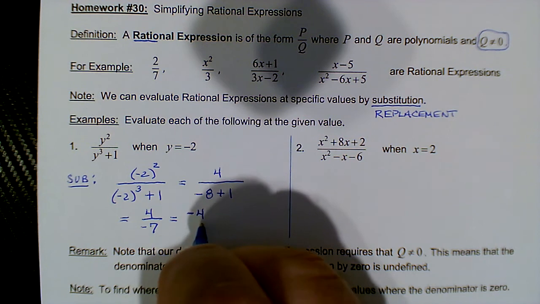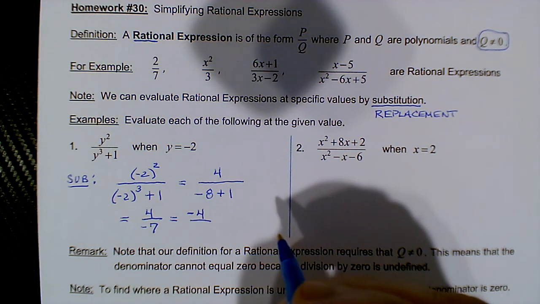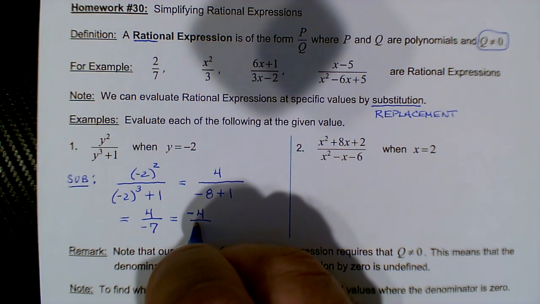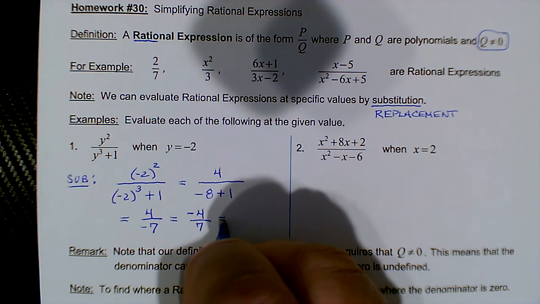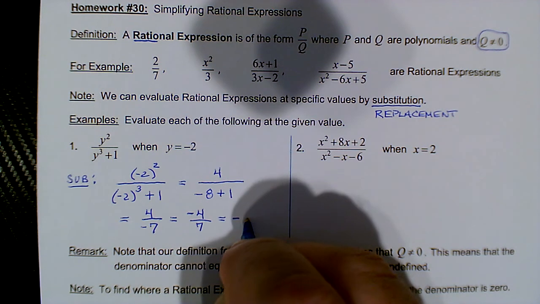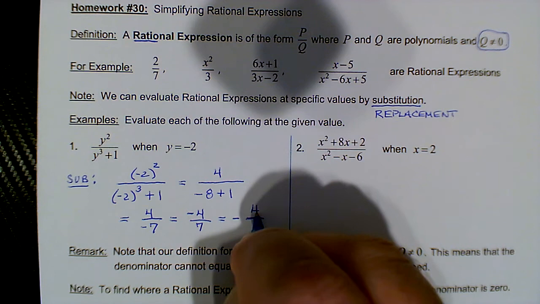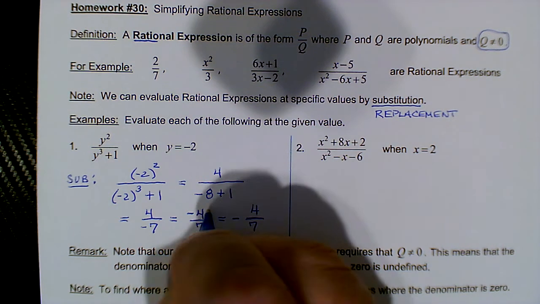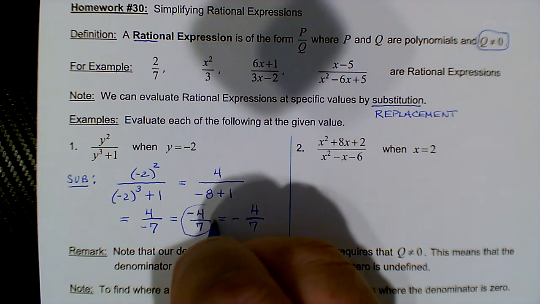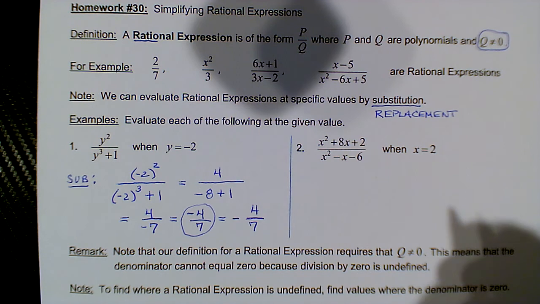So instead of 4 over -7, we prefer -4 over 7. Or an equivalent form as well is the negative right out in front of the fraction bar. But this is more than likely the form that's most preferred.